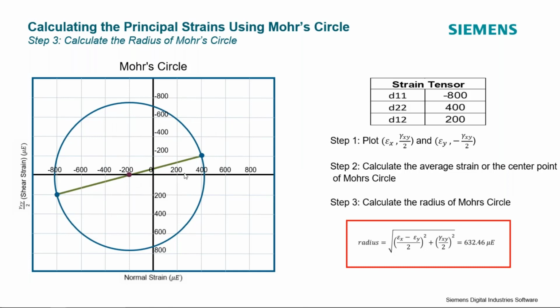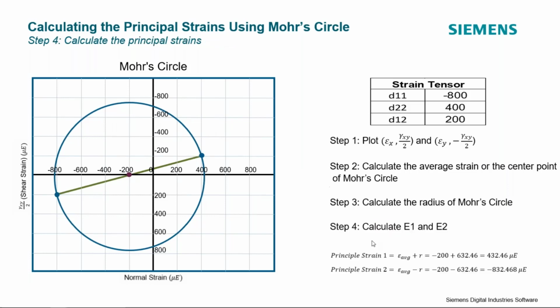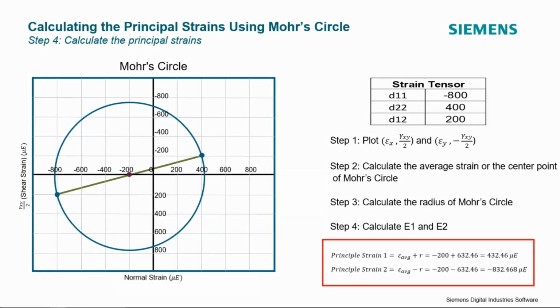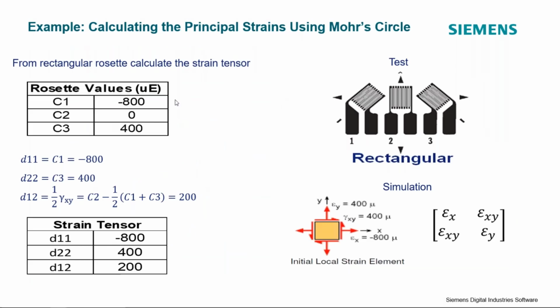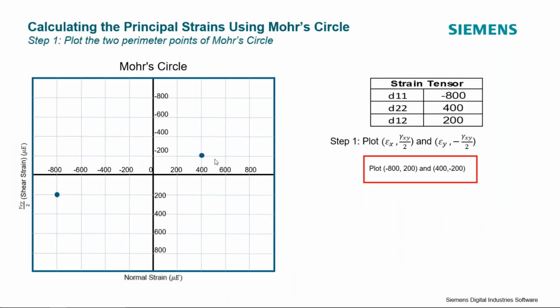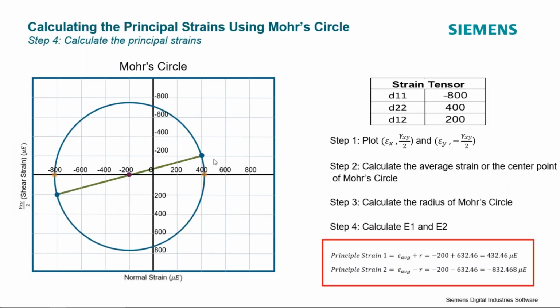I basically just need the radius of my circle, and I can easily calculate principal strain 1 and principal strain 2. These are the values shown here. From our initial rosette, with just these values, we were able to relatively easily calculate the principal strains at that location on the test object.